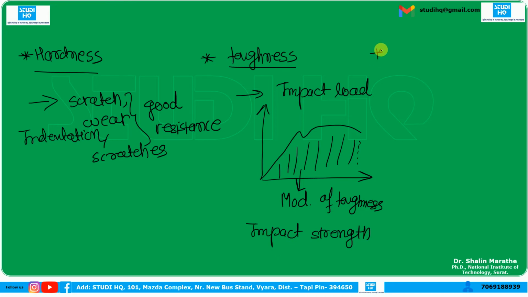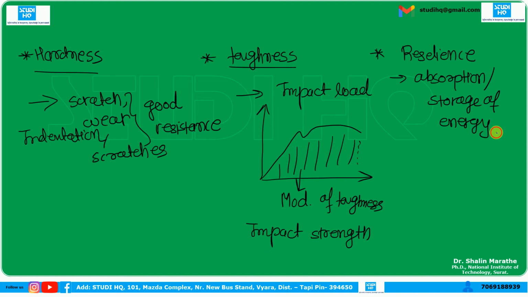Similar to this toughness, we have one more property, resilience. So what is resilience? That is related to absorption, or we can say storage of energy. Okay, if I have to explain it with the help of a graph, then again consider this kind of graph.